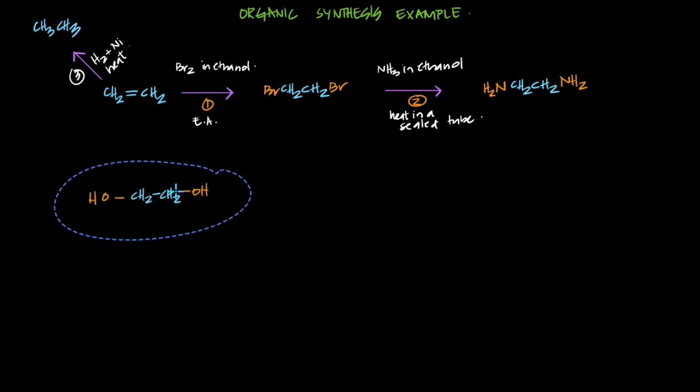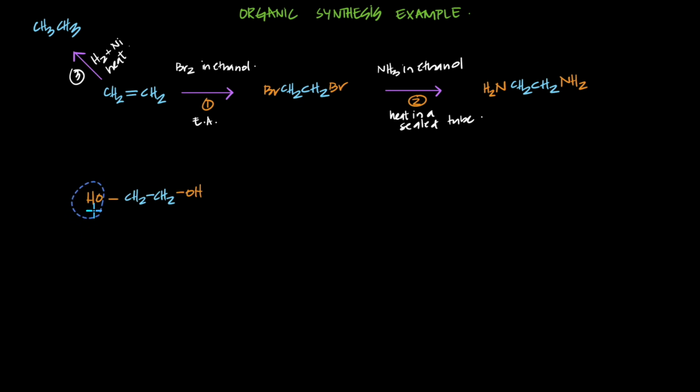I might move it a little here because I need some space. So it's CH2OH on the right and CH2OH on the left. And I can go from the halogenoalkane to this compound, that's absolutely possible. And I can go from the alkene to this compound also. Both are possible.